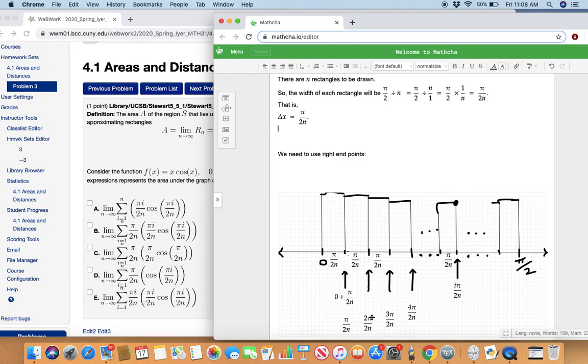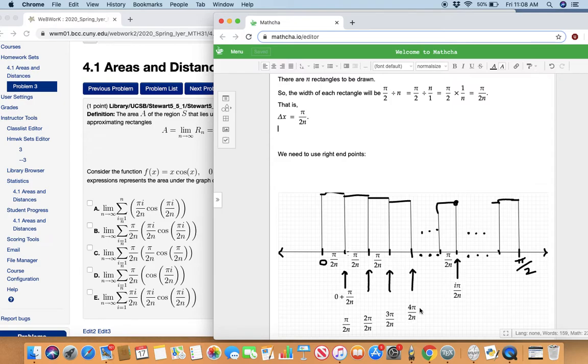I'm not simplifying, so don't worry about it. What is the third cut point? 0 plus 1, 2, 3 times pi over 2n. And so on. Fourth cut point, 0 plus 1, 2, 3, 4 times pi over 2n.